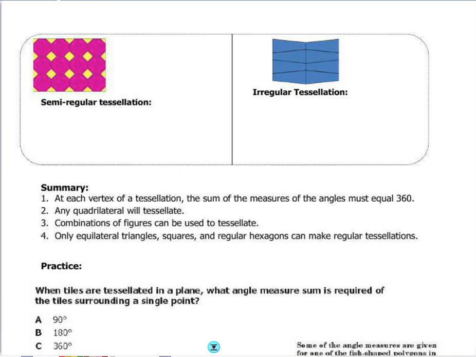So, semi-regular tessellations are formed with two regular polygons. They're used by taking two regular polygons, and they help form this figure. If we zoom in and look at this image, it looks like it's tessellating with two specific types of figures.